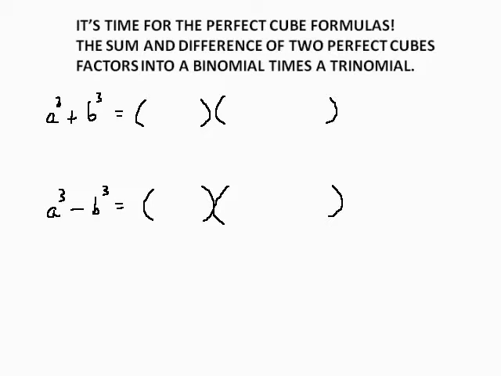Now, when you start out with a cubed plus b cubed up top, here's what happens. The binomial part is a plus b. Now, think about what you need over here. What times a will give me a cube back over here? Let's ask ourselves that. Well, you'd probably say, well, Young, I need an a squared times an a to get an a cubed.